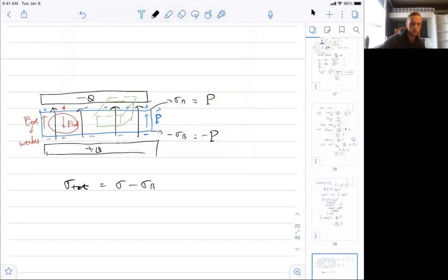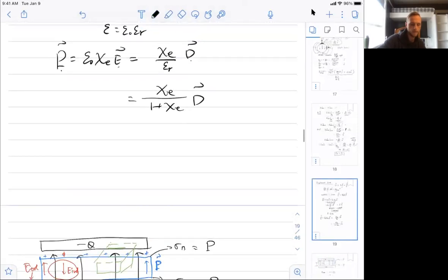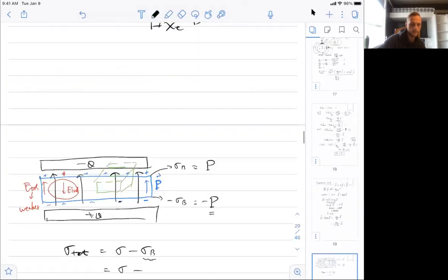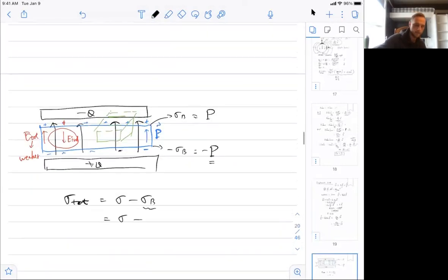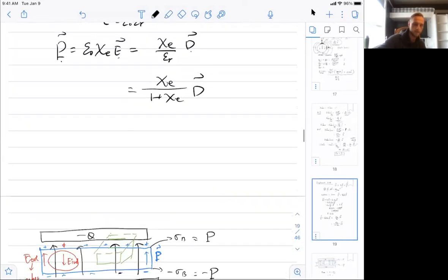Or here it looks like it's the bottom. So sigma free minus sigma bound. Sigma free is just sigma. Sigma bound is equal to your polarization. And what is your polarization?